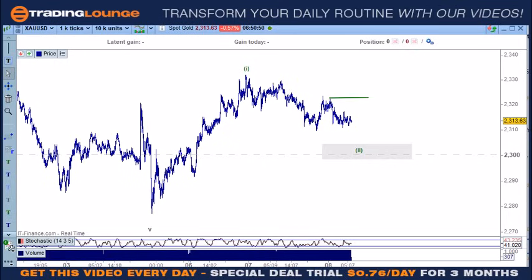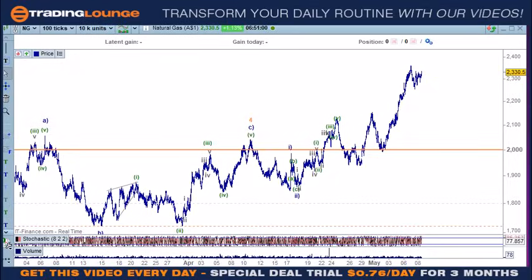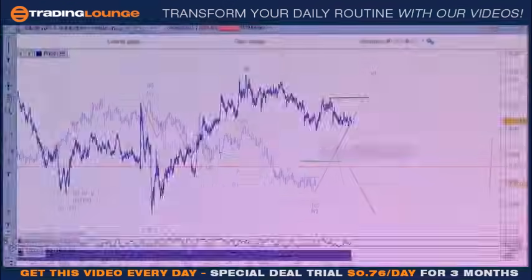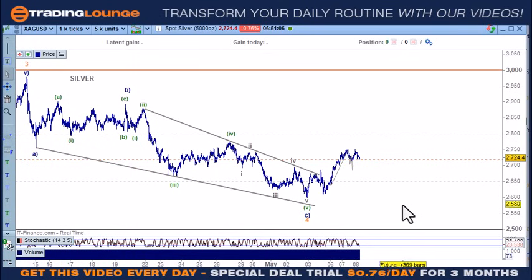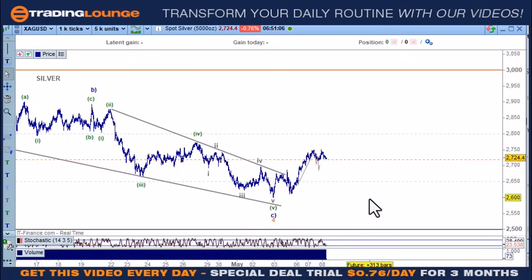And while I'm here, we should just check on silver. Okay, so silver's got a slightly different pattern here, but once again, we've had this wave 4 in for a while. We're just really waiting for more information.